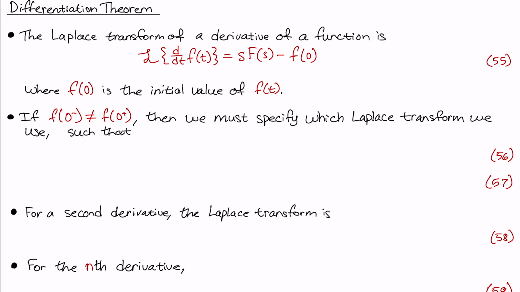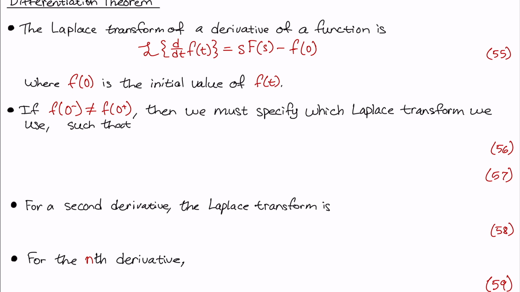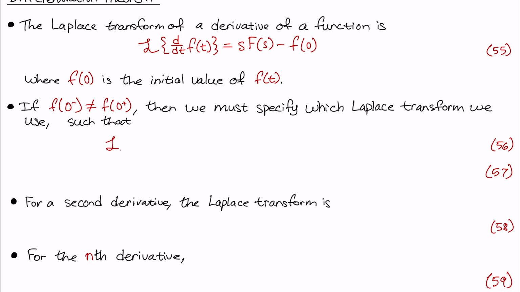And then if we have two different initial conditions, slightly different before and slightly different after, for example, if there was an impact in the system, there would be a sudden change in velocity of the components. As a result of that, you would need to specify before or after that impact. In that case, for just before, we'll have script L with a subscript of the minus sign, d over dt acting on f of t.